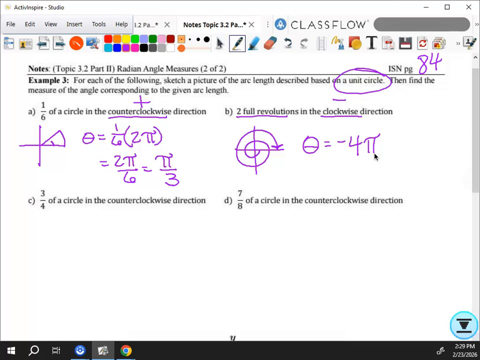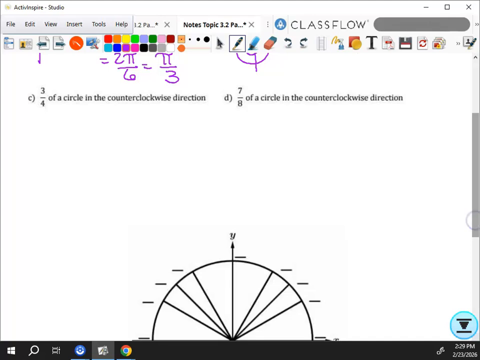All right. Then 3/4 of a circle and a counterclockwise, so that means we'll be positive again. 3/4 gets me here. I'm not even going to do any math. You should know what that angle is. What is it? 3 pi halves, exactly. All right. 7/8 of the circle is most of the circle, so it's over here somewhere.